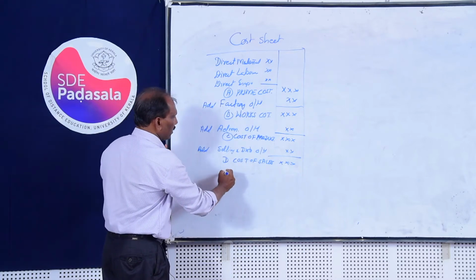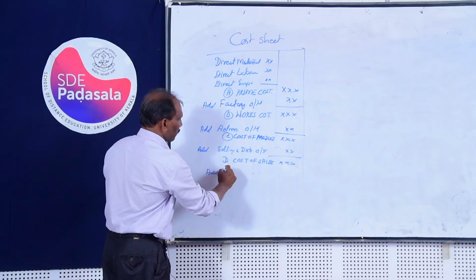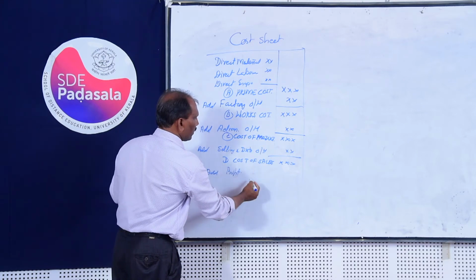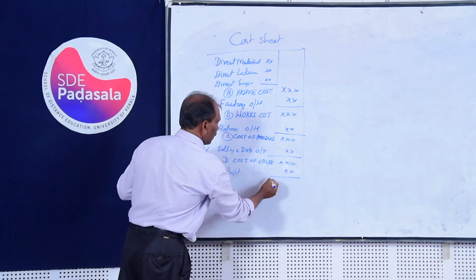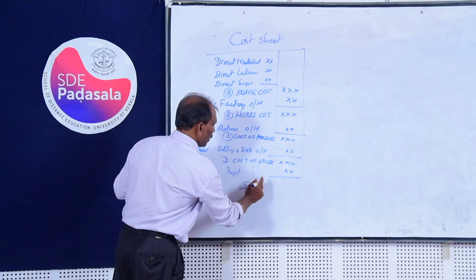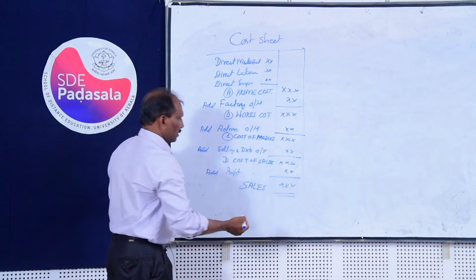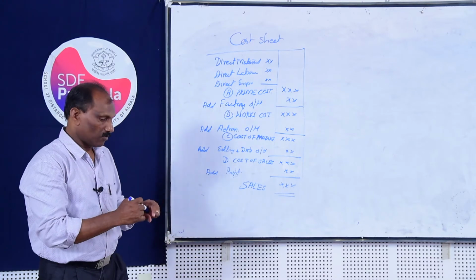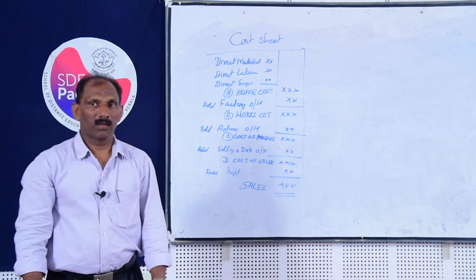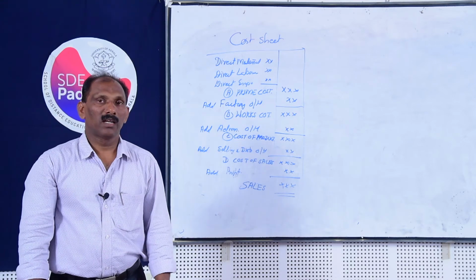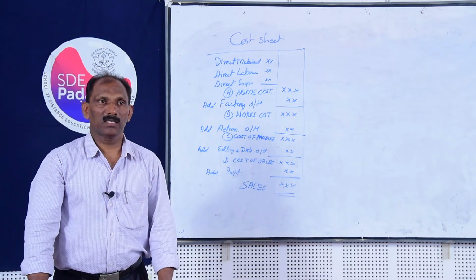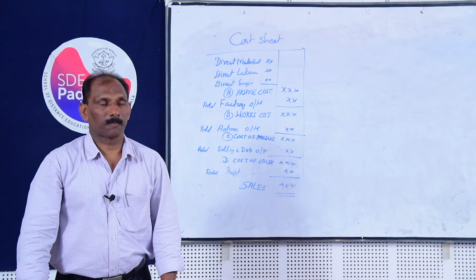And if you add profit, that will constitute total sales. This is the format of the cost sheet, which comprises all the direct expenses as well as indirect expenses.